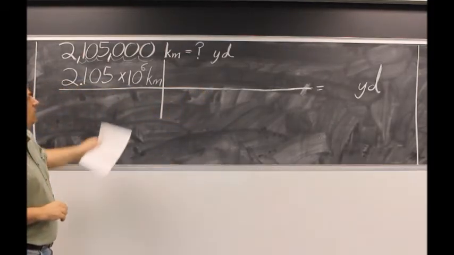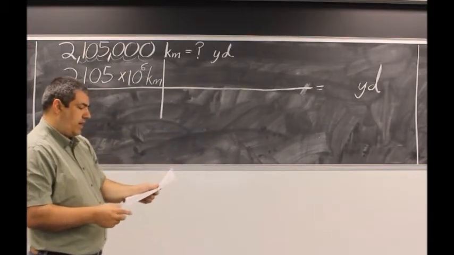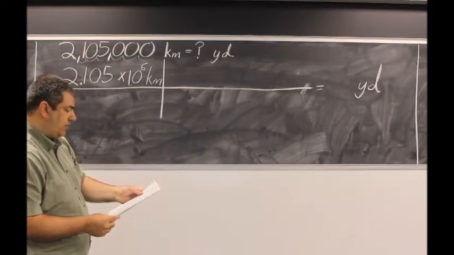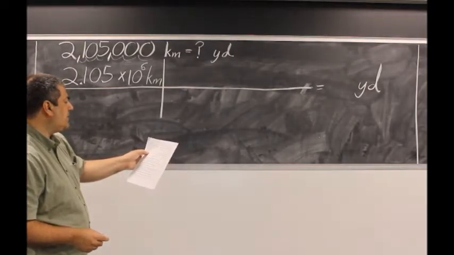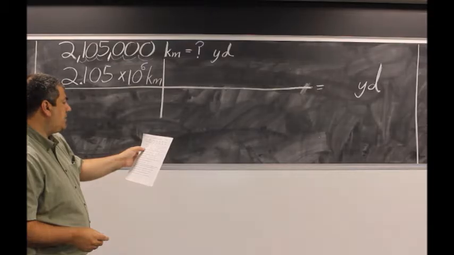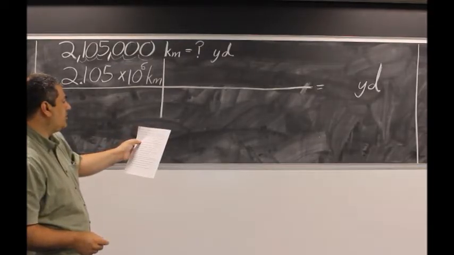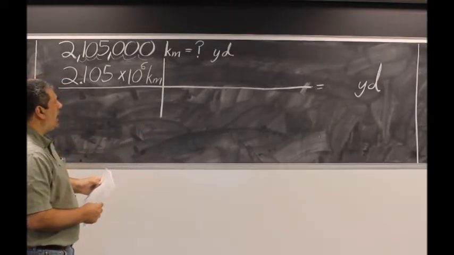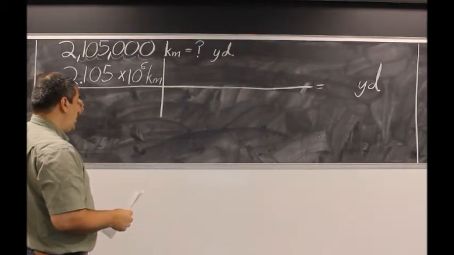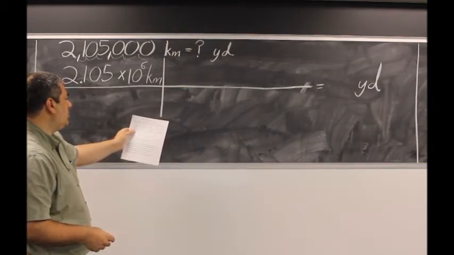So now, how do we go from kilometers to yards? In the handout I gave you, there were many conversion factors. I've got 1 yard equals 3 feet, and that's about it as far as going directly from yards to anything else. I don't have a yard to kilometer, so we're going to have to think through how can we get into the unit of yard.